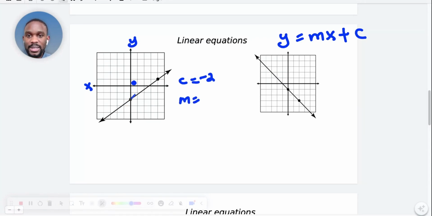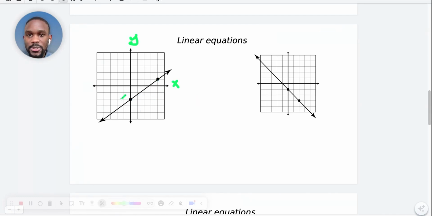If I have 2 points like this and this, let me call this point A and call this point B. If I have these 2 points, I can get the slope of this line, right? I can get the rise and I can get the run. So if this is my A and this is my B, I'm going to rise up 1, 2, 3. So the rise is going to be 3 over the run, which is 1, 2, 3, 4.